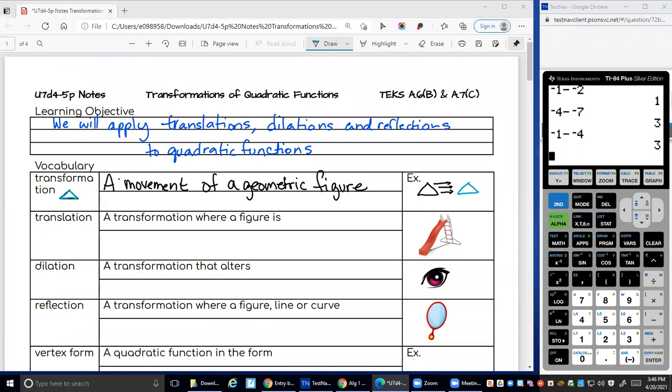All right. A translation is a transformation, a type of movement, where a figure is slid from one position to another without being turned.